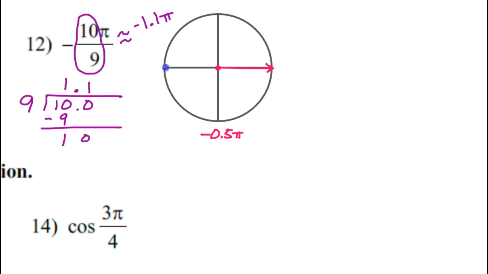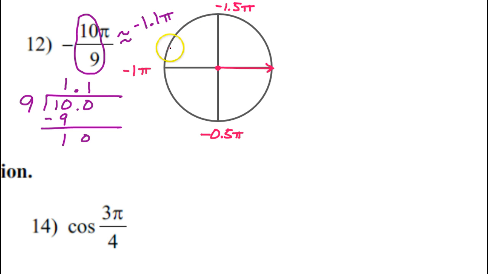If I got to here, this would be negative 1 pi, or just negative pi. So we need to go a little bit further past that. If I kept going all the way around to here, this would be negative 1.5 pi. So negative 1.1 is somewhere between negative 1 and negative 1.5.